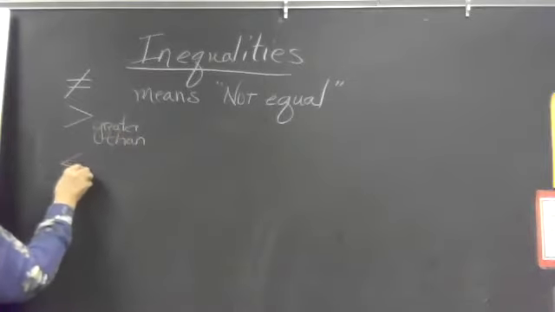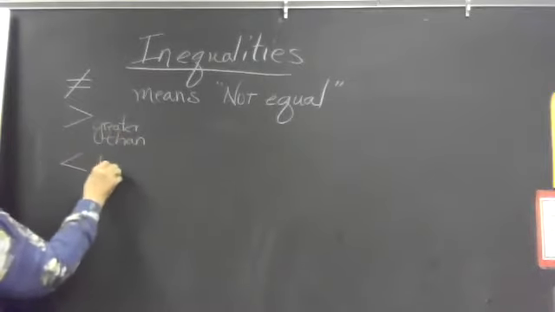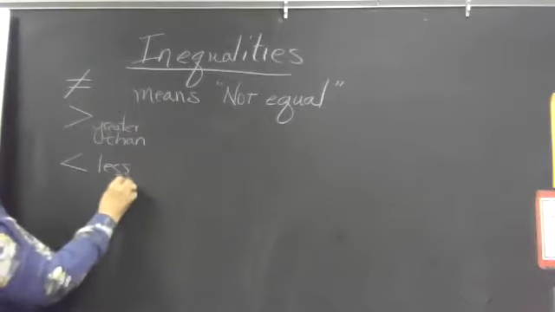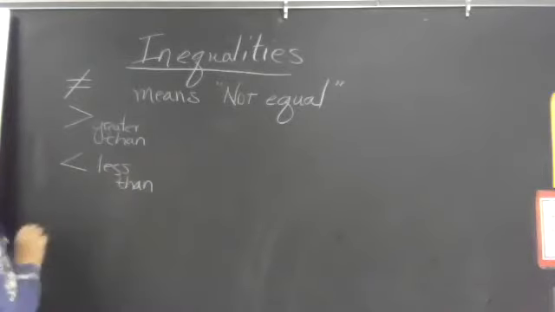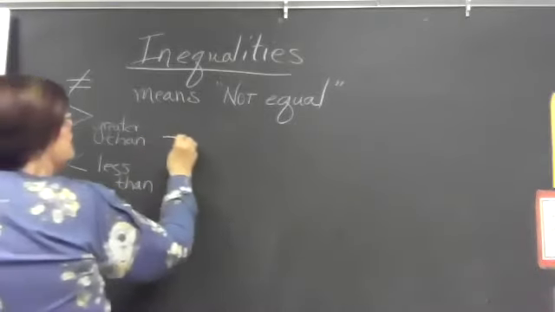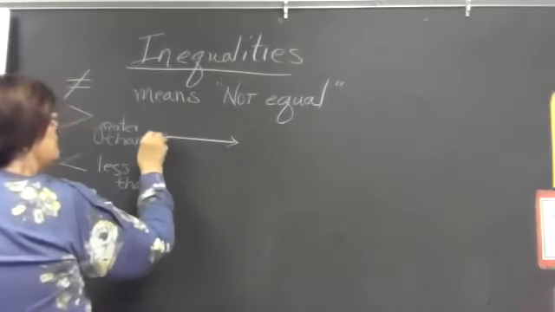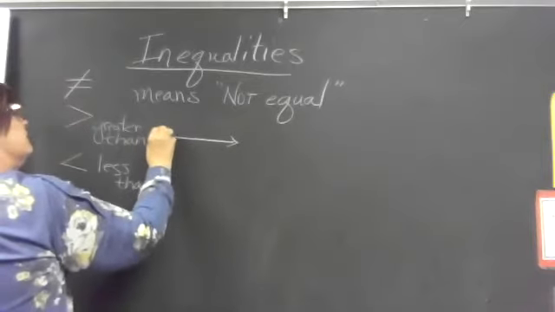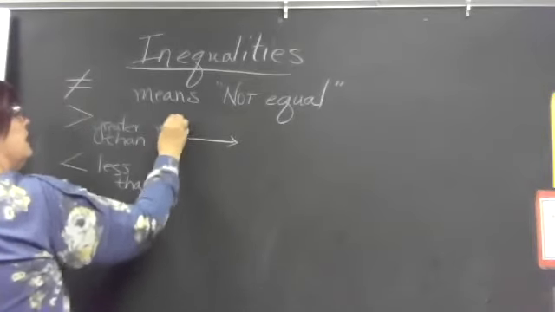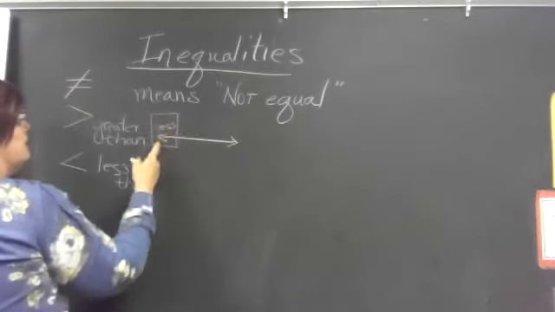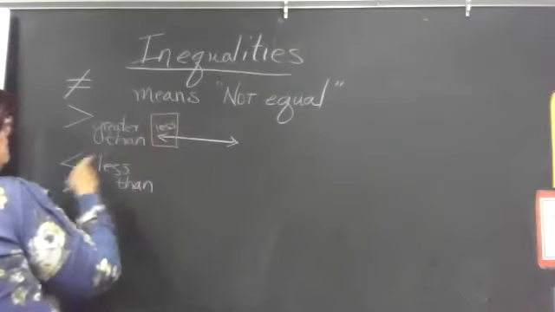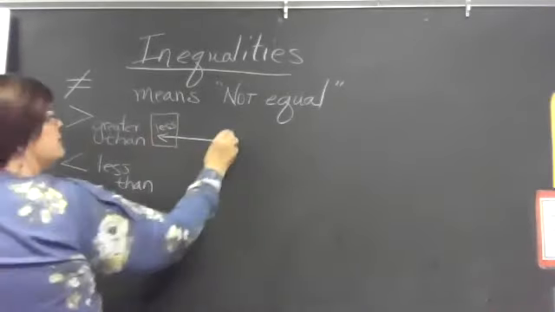And less than. And you can remember the difference between greater than or less than by imagining the number line. This way is less, and so you can see the sign for less, and this is greater.